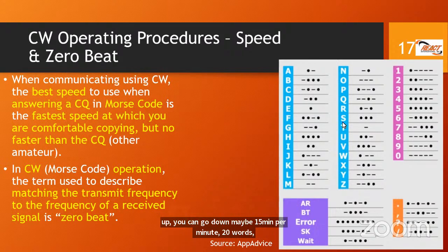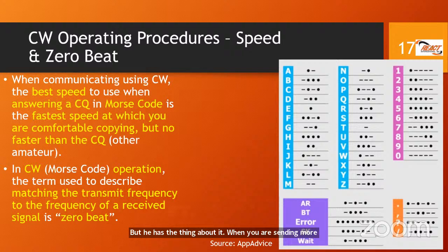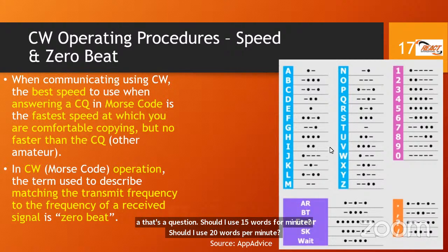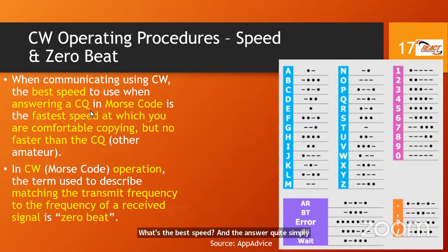You can go up, you can go down, maybe 15 words per minute, 20 words, 25, 35, or more. But here's the thing about it. When you're sending Morse code or receiving Morse code, what is the best speed to use? Should I use 15 words per minute? Should I use 20 words per minute? What's the best speed? The answer, quite simply, is you communicate at the fastest speed possible that you could understand, right?